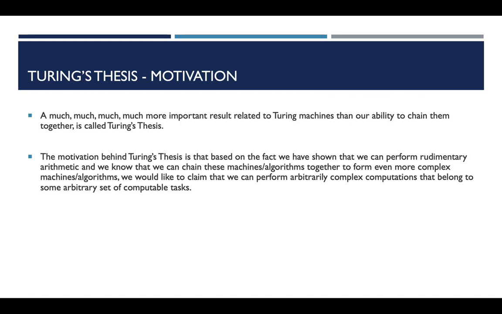So you want to make the claim that effectively a Turing machine can do anything that a Pentium 3 can do, or a Turing machine can do anything that a randomly selected person in America's desktop computer can do. And so effectively what you're trying to argue is that given a Turing machine, you can compute some arbitrary set of computable tasks. So we've shown that we could do some basic arithmetic. Potentially, we could also do symbolic integration. Potentially, we could also do all of these counting problems. And potentially from that, we could build this whole calculus.